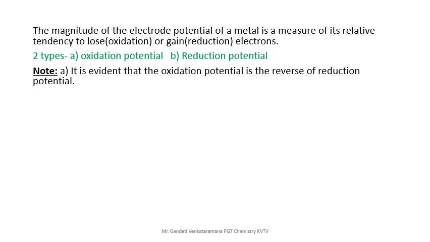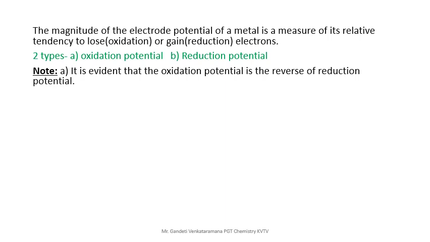Next, note. The note is very important here, dear students. It is evident that oxidation potential is the reverse of the reduction potential. Clear? So the oxidation potential value is always the reverse of the reduction potential. For example, if the oxidation potential value is +5, the reduction potential value for the same electrode is -5. It is a very, very important note you have to remember.